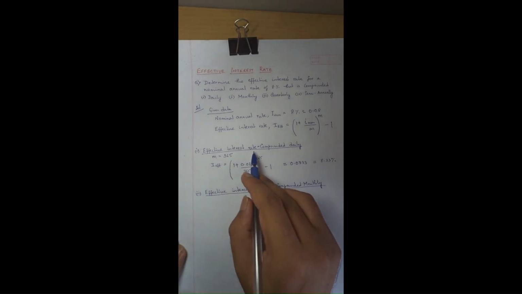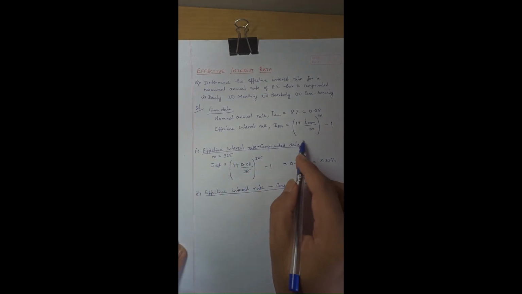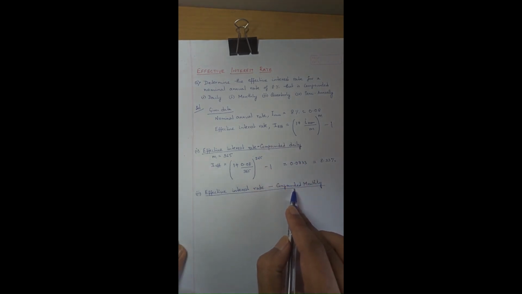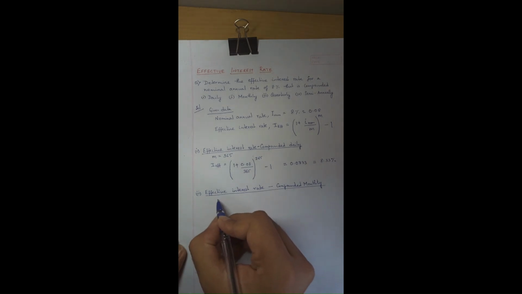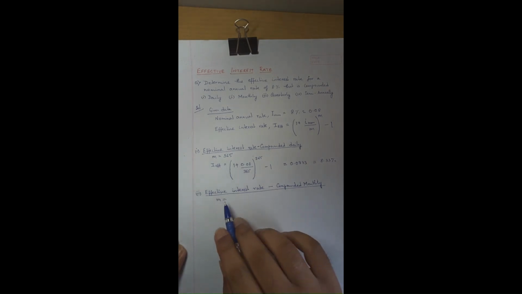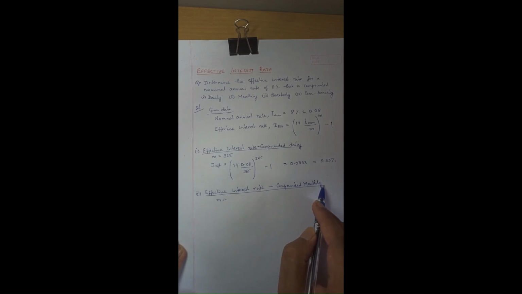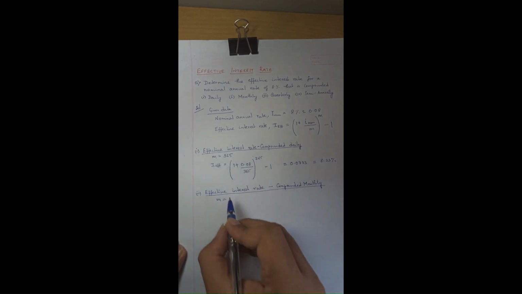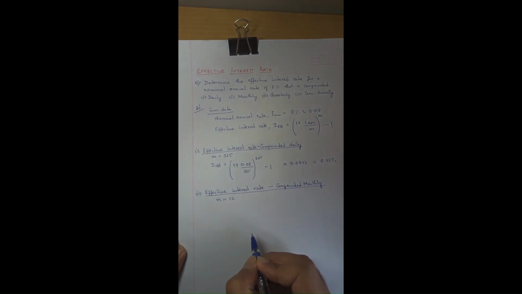Similarly for daily. Don't get confused with the notation. Now we'll calculate the value of M. M is the number of interest periods within a year. In 1 year you'll have 12 months. Therefore the value of M will be 12.